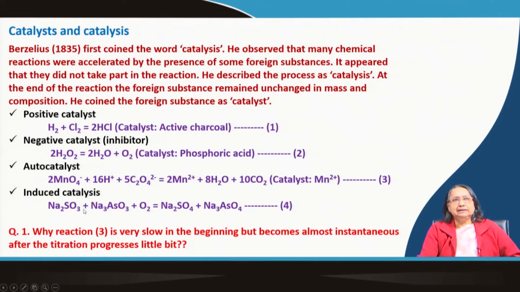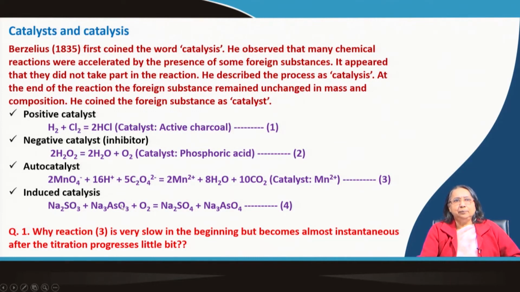Now, this is induced catalysis. What is induced catalysis? You can see here, this is arsenite and this is arsenate. Arsenic in the 3+ state, and here it is in the 5+ state. Arsenite to arsenate is an oxidation. In presence of oxygen this can happen, but you will see that this is not happening.